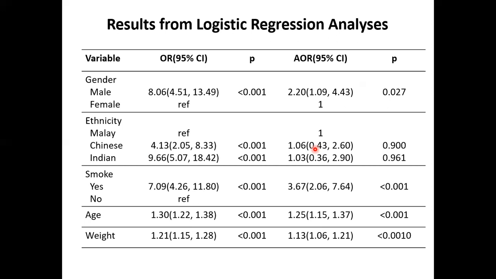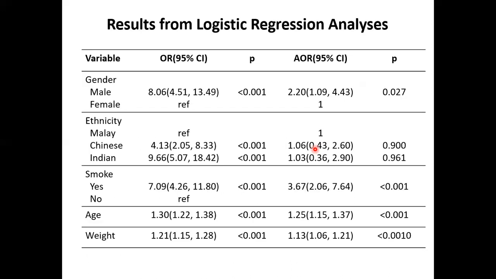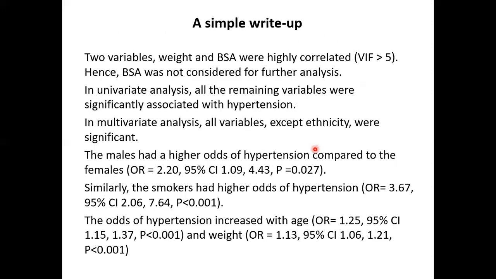So your assignment, the final presentation will be something like this. And then write a simple write-up on this. So you must know how to do this table and what to interpret. Okay, let's go to the analysis.